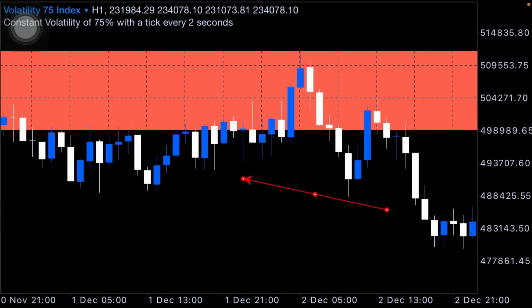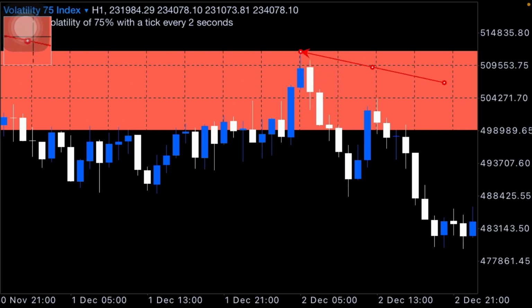So the pattern that I'm talking about is the one forming right here. This is the first candlestick, followed by the second candlestick.